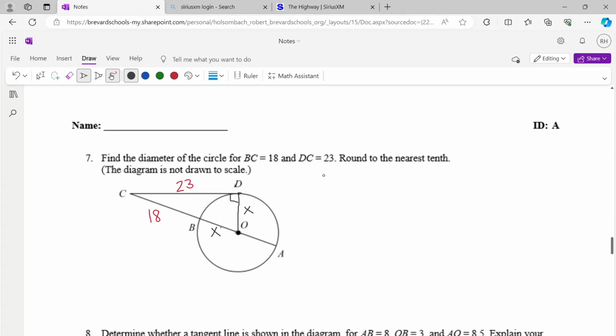All right, so x squared plus 23 squared equals x plus 18 squared. So we're going to multiply this x plus 18 squared. All right, x plus 18 squared is x squared plus 36x plus 324.